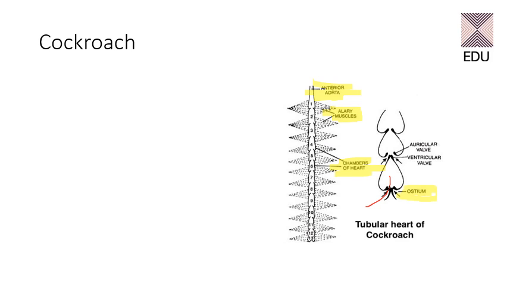When these are closed, this chamber will contract, and the blood will flow into the second chamber and then into the third chamber, and so on. Ultimately the blood will flow out of this aorta to the head side. So this is the mechanism in the case of the cockroaches.